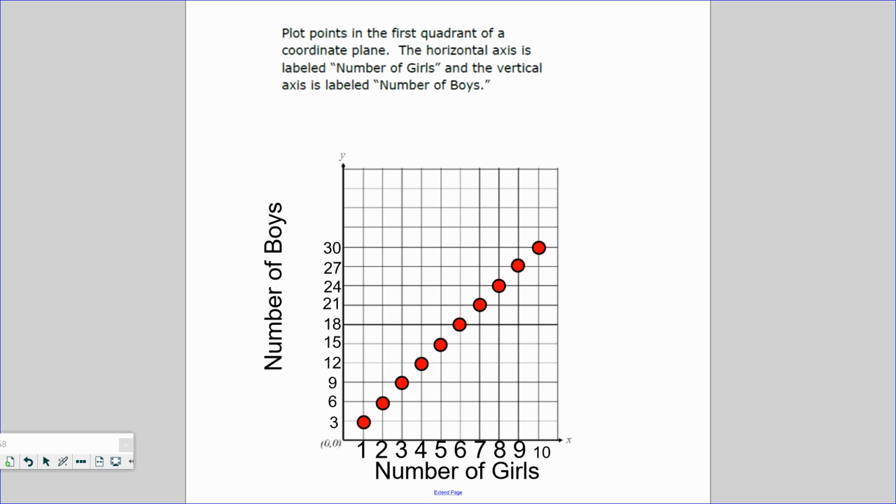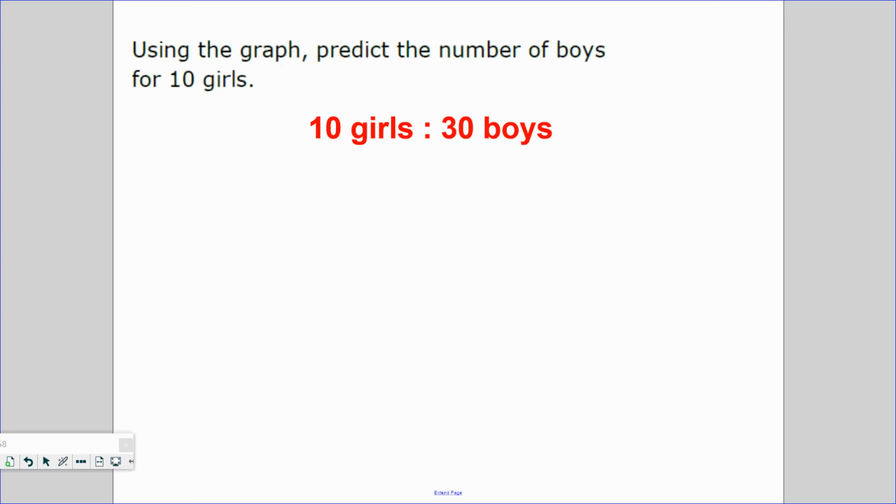And then graph it. So 1 girl, 3 boys, 2 girls, 6 boys, 3 girls, 9 boys, 4 girls, 12 boys, 5 girls, 15 boys, 6 girls, 18 boys. By using the graph, predict the number of boys for 10 girls.